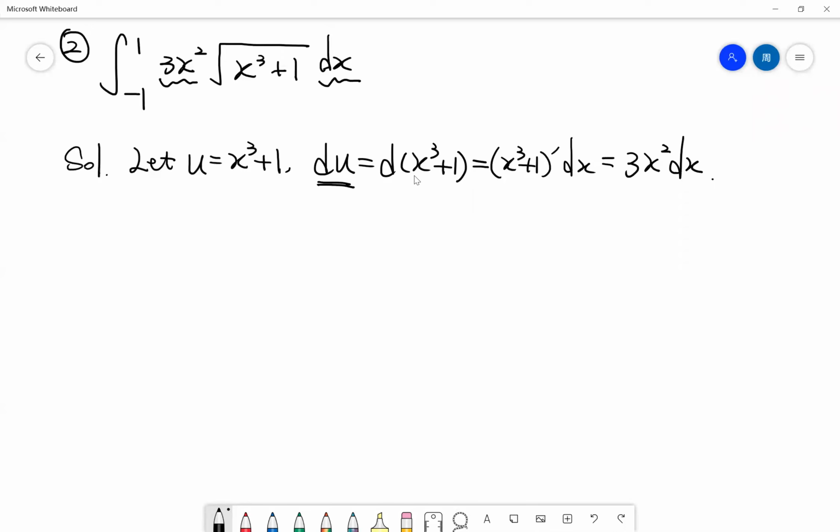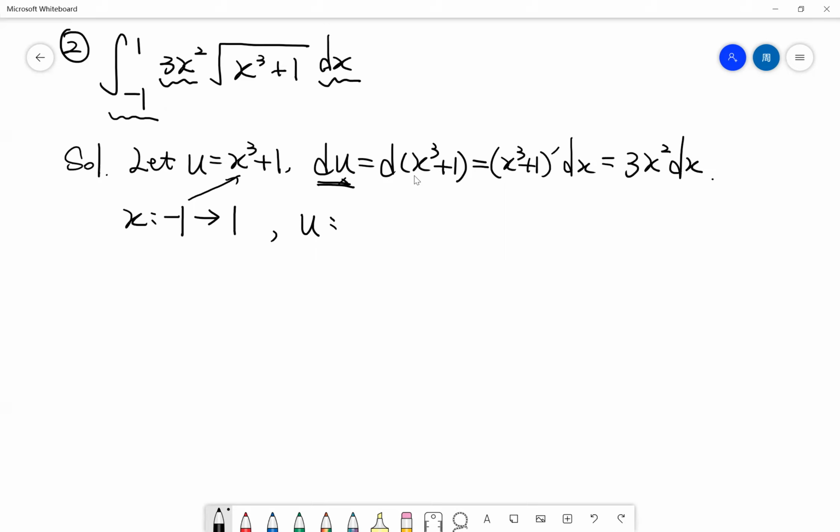So the last step, you have to find the limit of the integration of u. So from the original limit, x takes from -1 to 1, right? So we first substitute -1 into this function because u equals x power 3 plus 1, so that means (-1) power 3 plus 1.